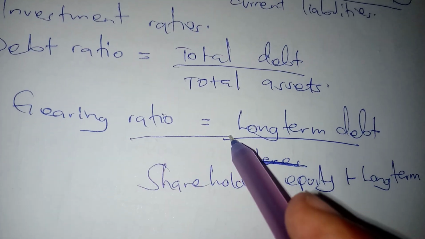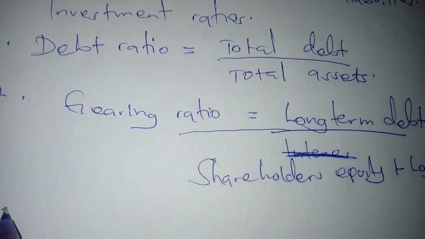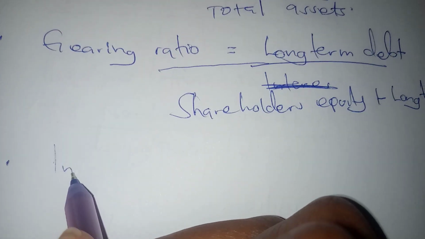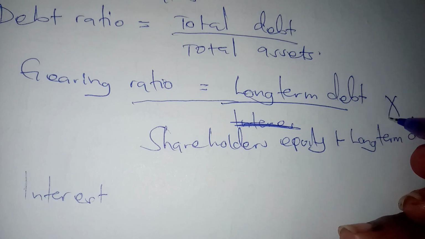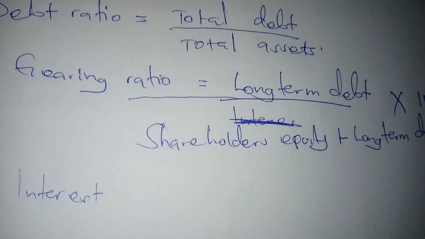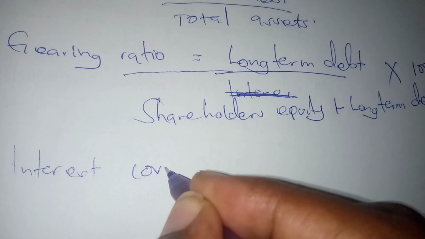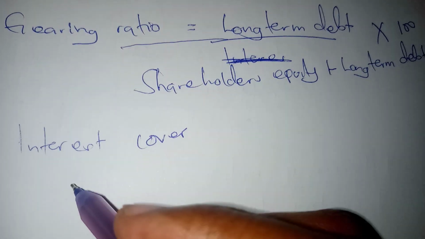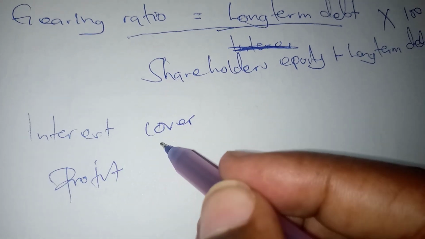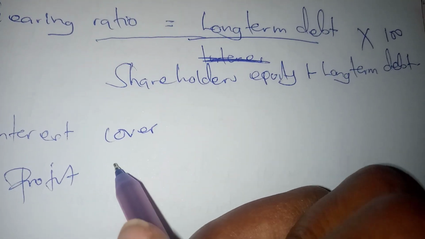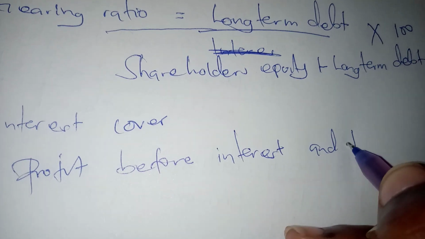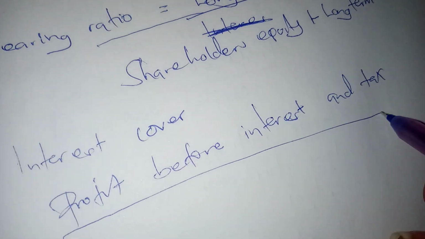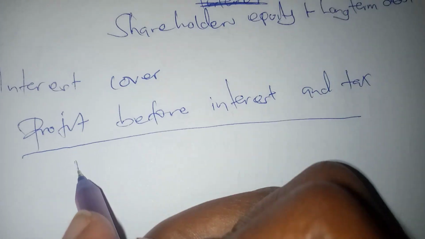Here we multiply by 100. Then the third one is interest cover, which is profit before interest and tax divided by the interest expense.